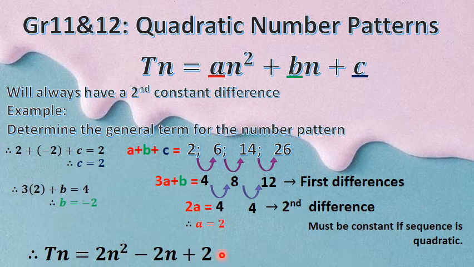I would like you to also always challenge yourself by imagining this as a parabola. Would this be a happy parabola or a sad parabola? A happy one, right? Because a gave us a positive value. What would the y-intercept of this parabola be? It would be the constant at the end. Would this parabola's turning point lie on the left-hand side or the right-hand side of the y-axis?